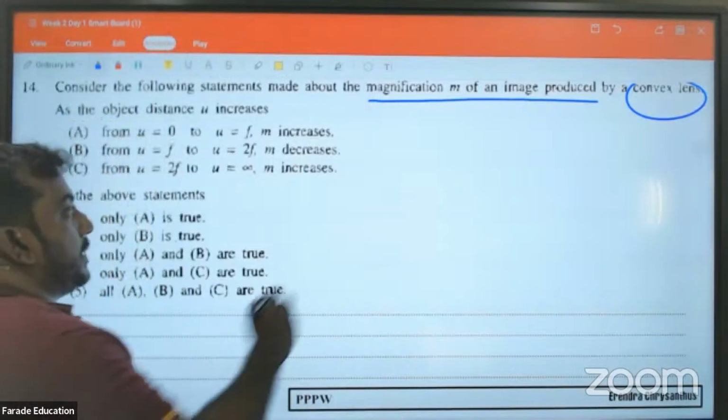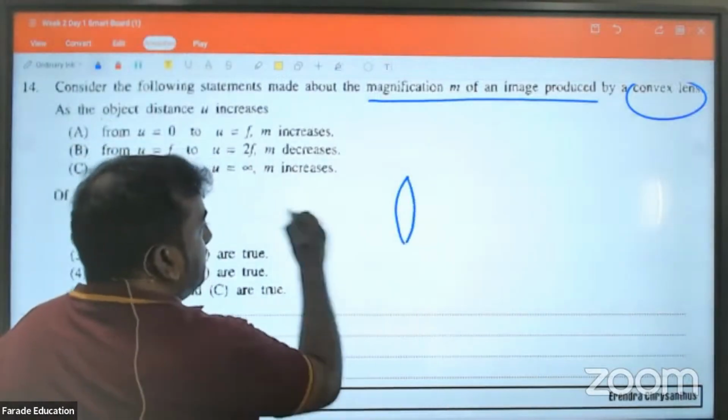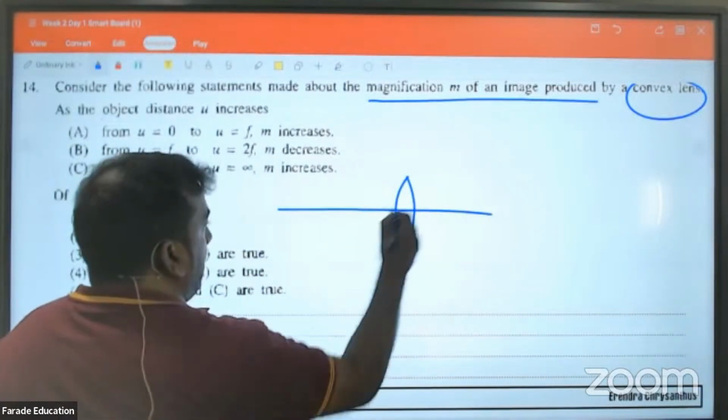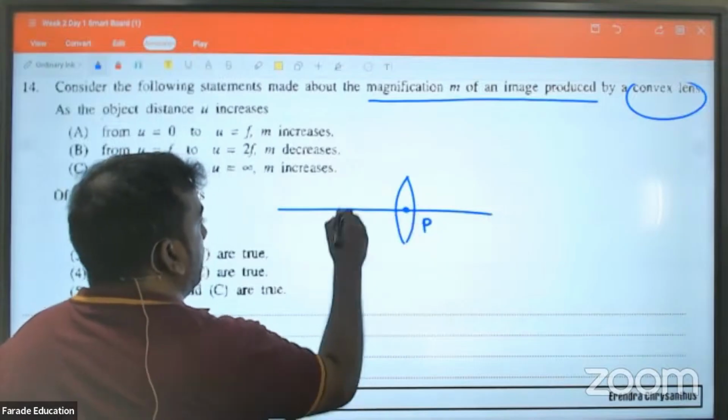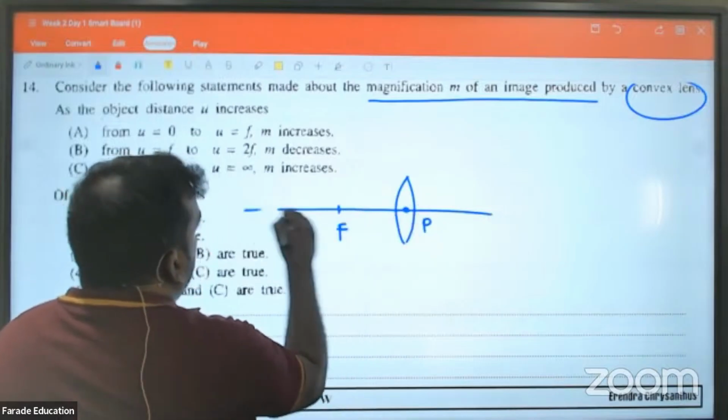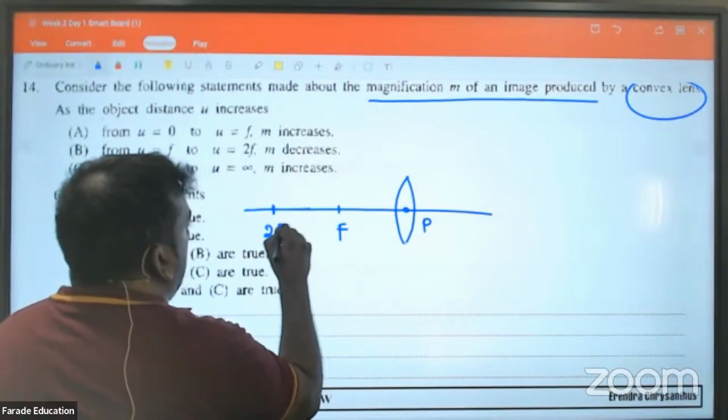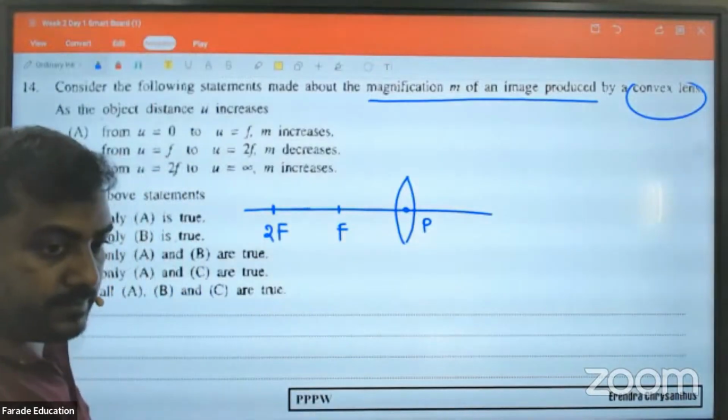If you take a convex lens, the optical center is here, the focal point is here, 2F is there. Look at this carefully.